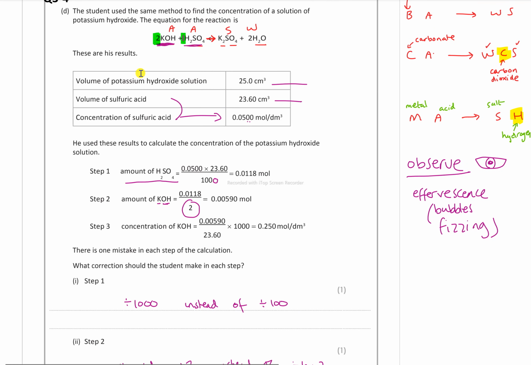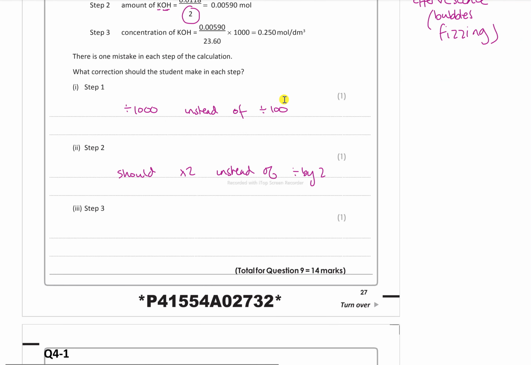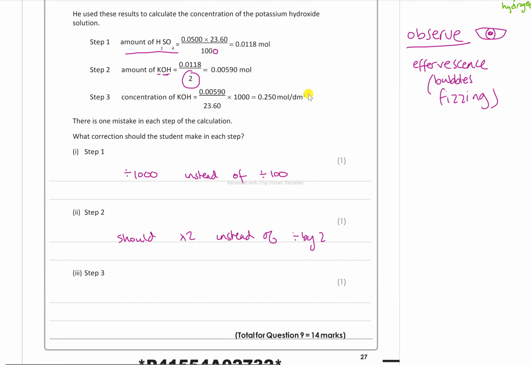Let's go back up. Potassium hydroxide, how much did we use? 25.3. Because it's potassium hydroxide, they've used the wrong figure. They should divide by 25 instead of divide by 23.60. Okay.